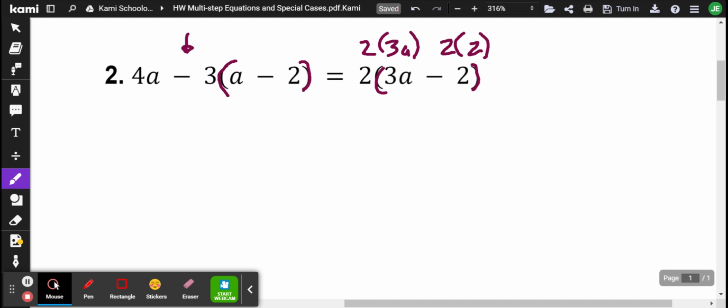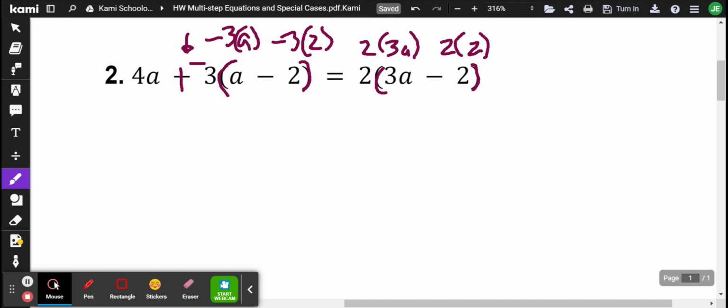So one way to deal with that is to add the opposite of the parentheses in the factor. So we're actually going to be multiplying by a negative 3 times a and a negative 3 times 2.